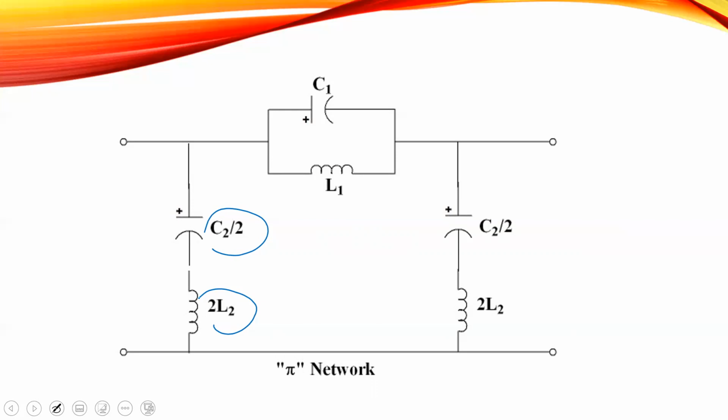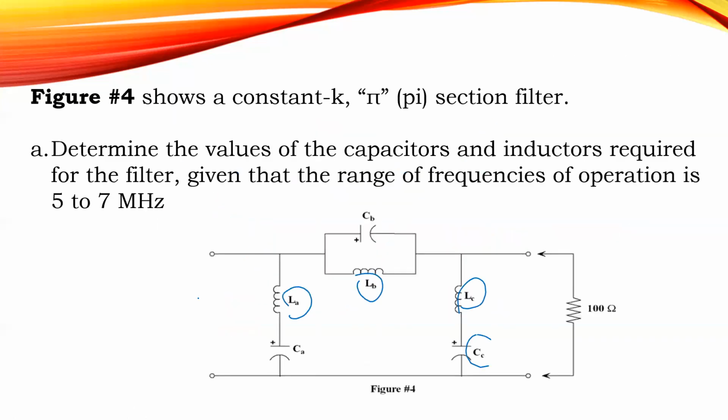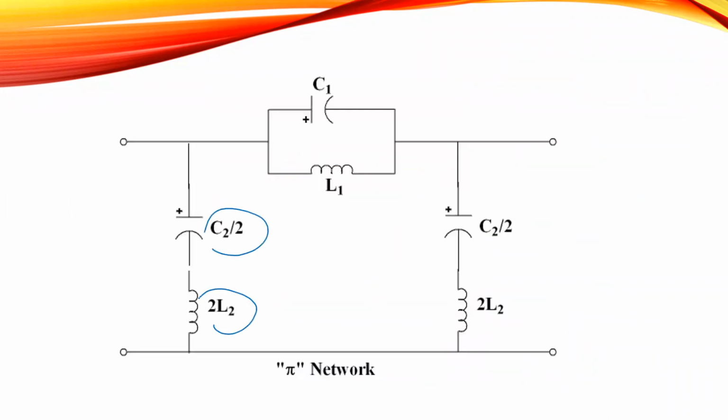It had A, B, and C. I think A was L1, and B and C were the L2 and C2 values.